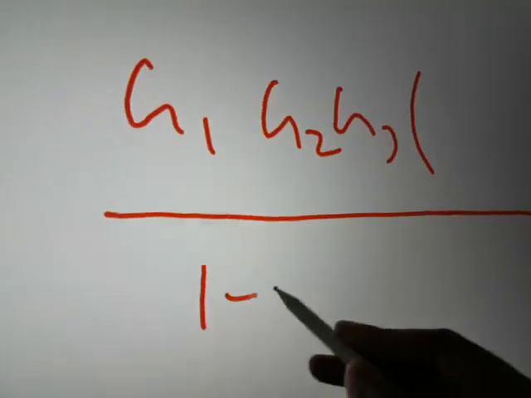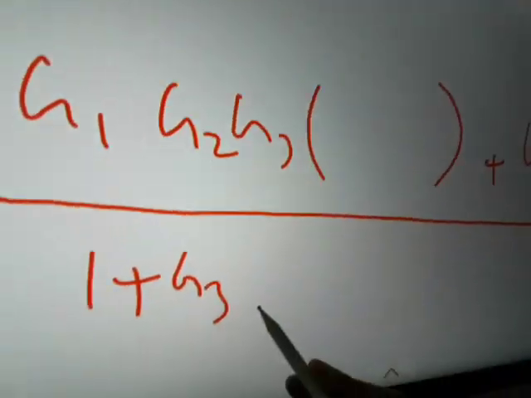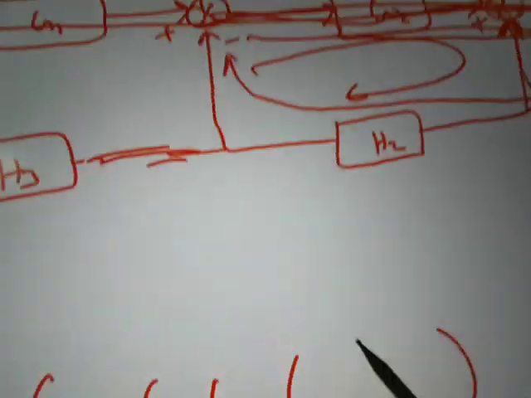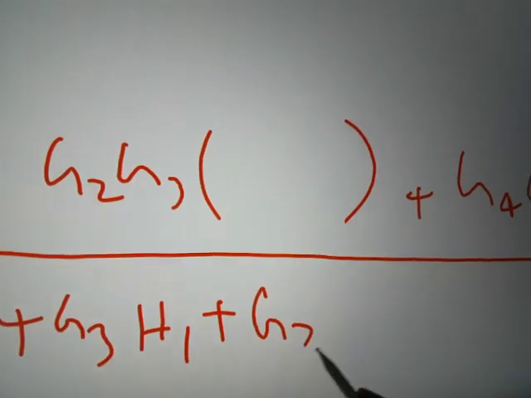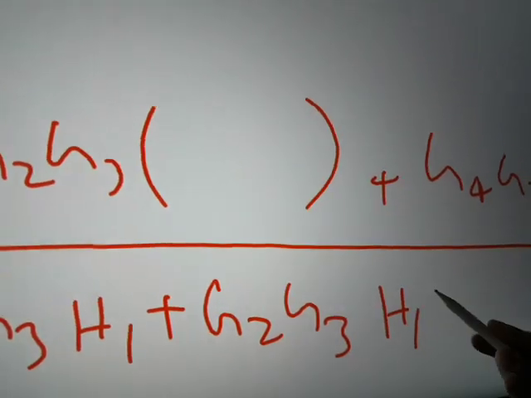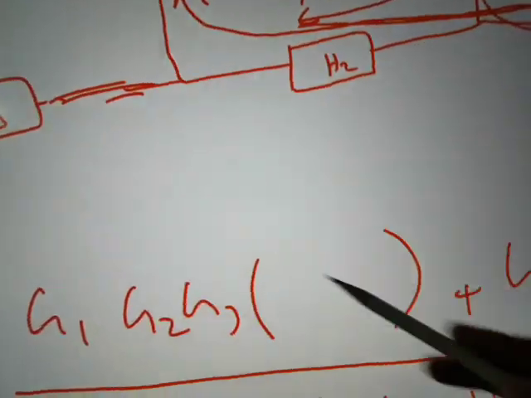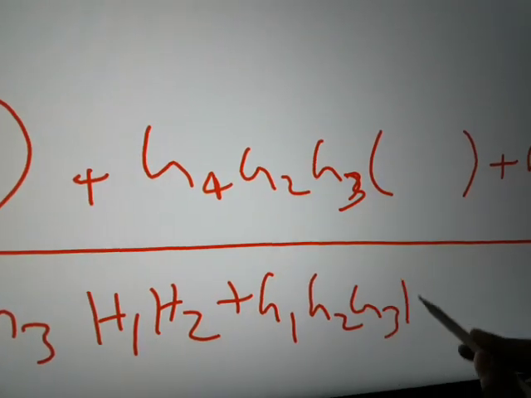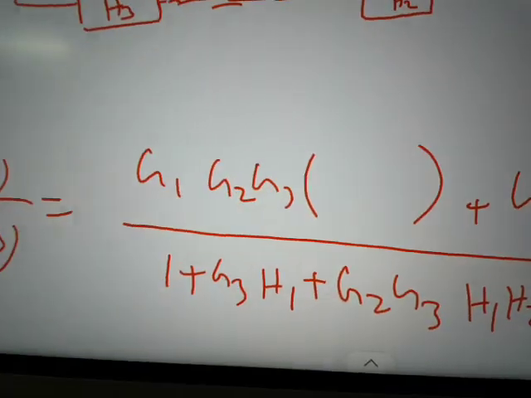So here, 1 plus, first is G3 H1, plus another loop G2 H2. No, not G2 H2, this is not a single loop. So G2 G3 H1 H2, plus another loop is this: G1 G2 G3 H1 H2 H3.